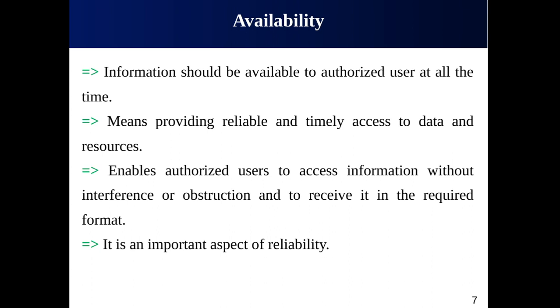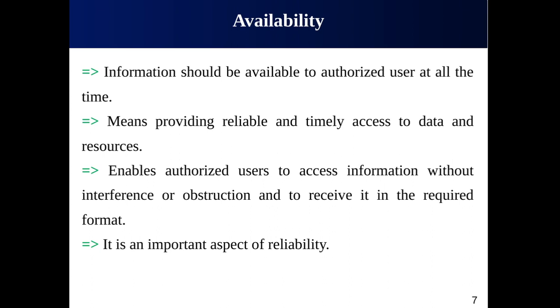And this is what cloud provides you. 99.99% availability. 99.99% of the time your information will be available to you from anywhere, from any device, as long as you have an internet connection. So this is the third component of information security, and this is availability.